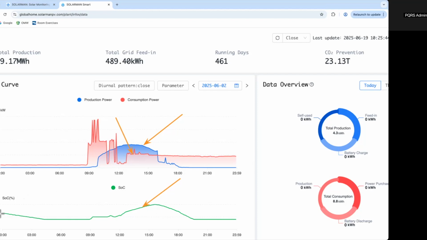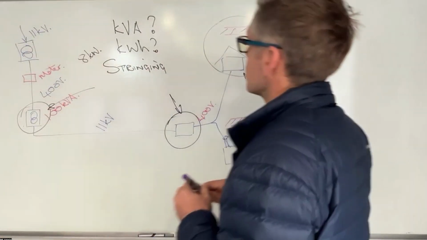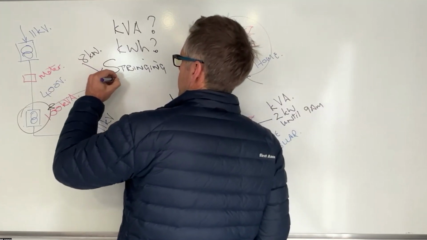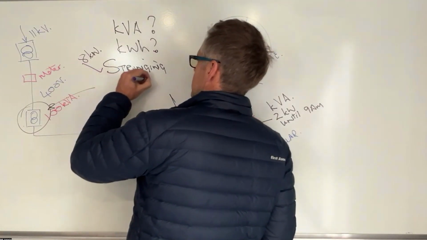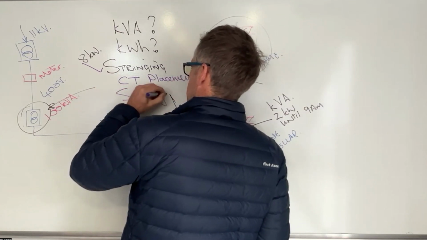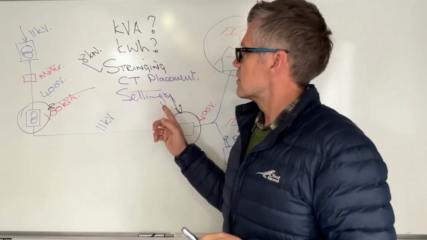The batteries run down during the evening, so the batteries must be servicing some kind of load, but that load is not represented in this graph. What we can take away from this is that the stringing might be fine, but we might have to consider where the CTs have been placed, and we might have to consider making some adjustments to the settings.